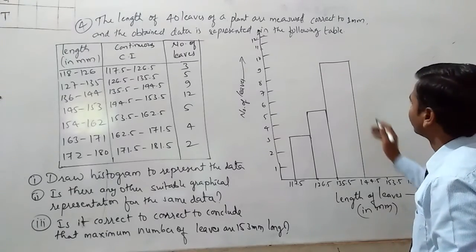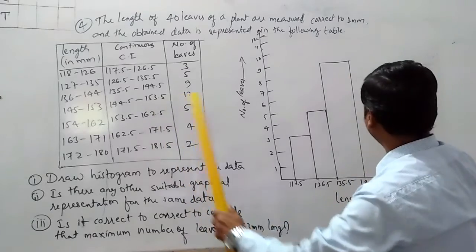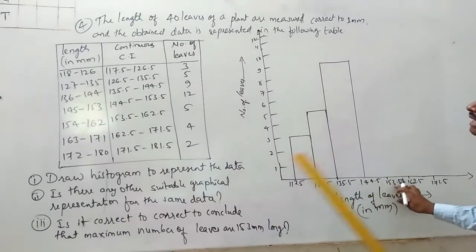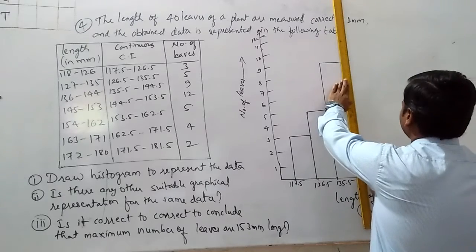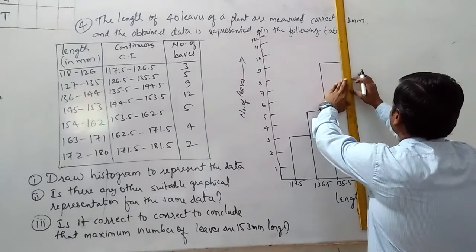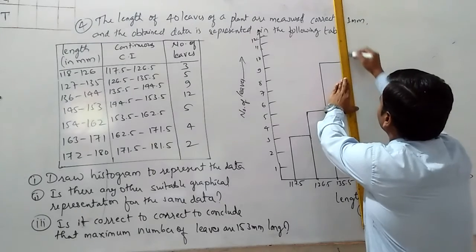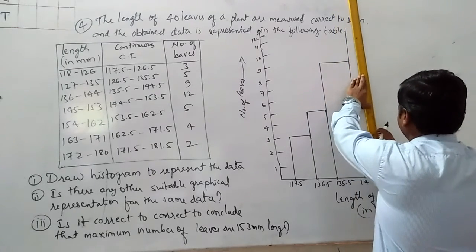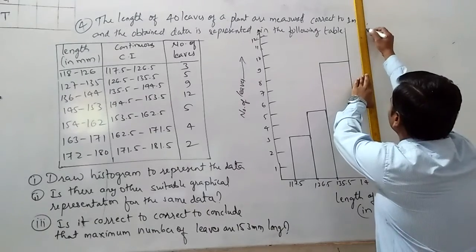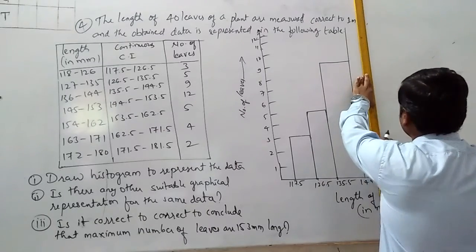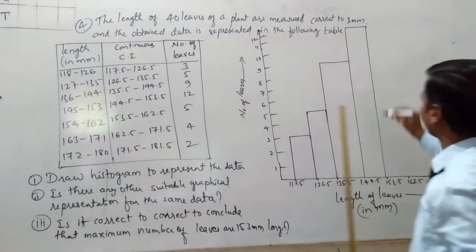Next, 144.5 to 153.5. How much is given? 12 is given. Extend this one up to 12.